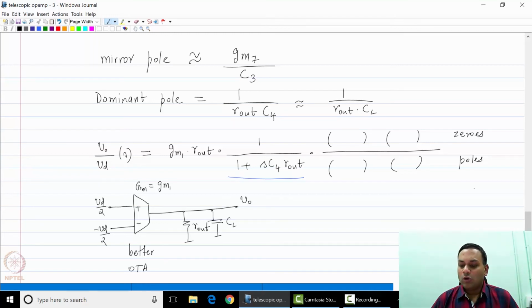Now, since we know the dominant pole as well as the output resistance, output capacitance and the transconductance, we should be able to write the unity gain frequency of the system, assuming that all the undesired poles and zeros are much further away than the unity gain frequency.